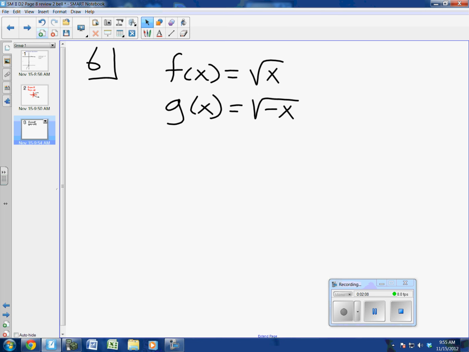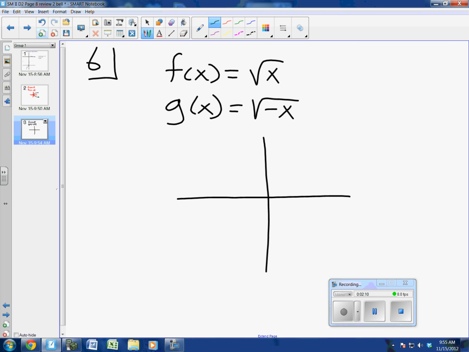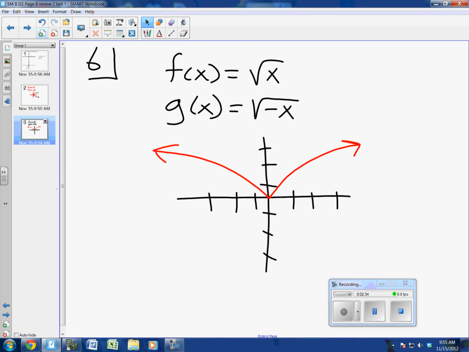If you make a graph of these, f of x once again looks like that. What happened when you guys put a negative inside the function? What did it do? Okay, Dietrich, what did you say? Yeah, it reflects it over the y-axis. It goes this way. If you just flip it over the y-axis, that's what you would get on number 6.